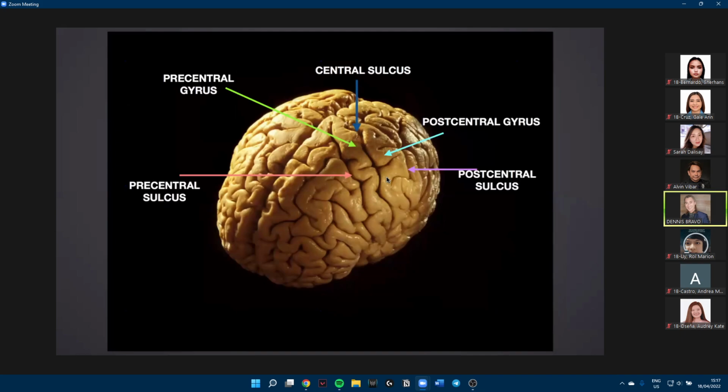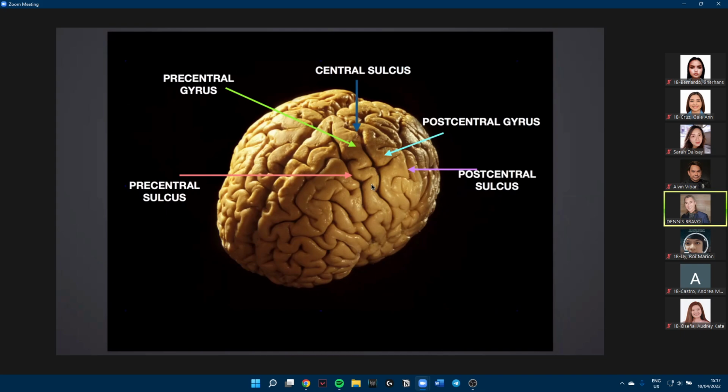Okay, so this is another view provided in this picture that shows you the important structures that we have seen earlier. Our landmark here, as always, is the central sulcus of Rolando. Immediately anterior to that, you would find the precentral gyrus, which is part of the frontal lobe.